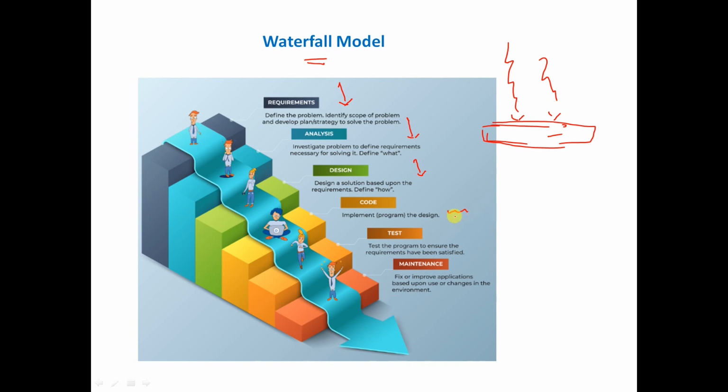Once the code is ready and the unit test has been done by the development team, that is the first testing. As soon as the software has been completed, the unit test starts. Once the unit test is done, then only the other three levels of testing are taken care of. So after the coding only, the testers' role starts.